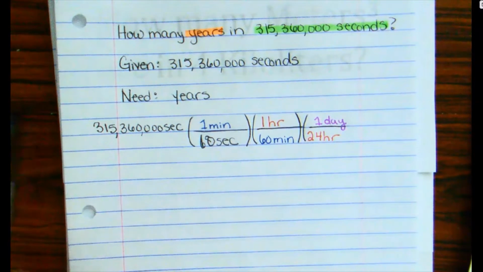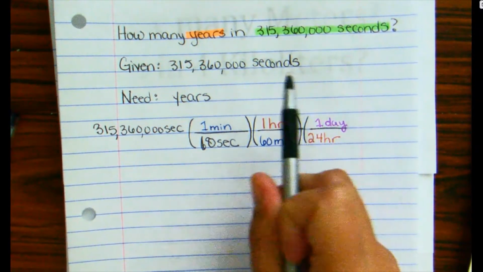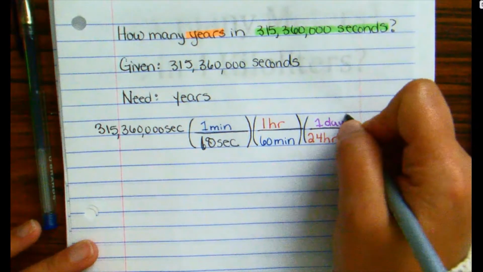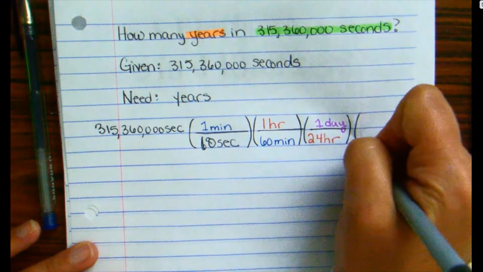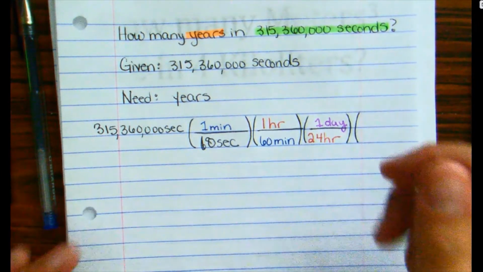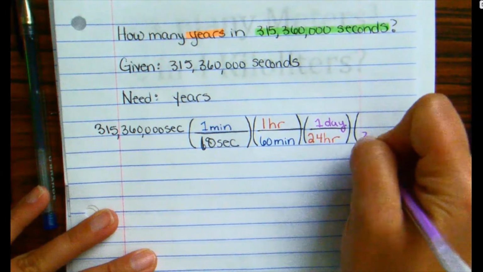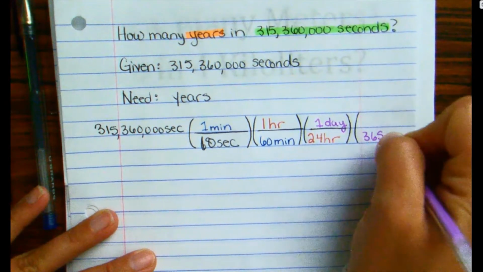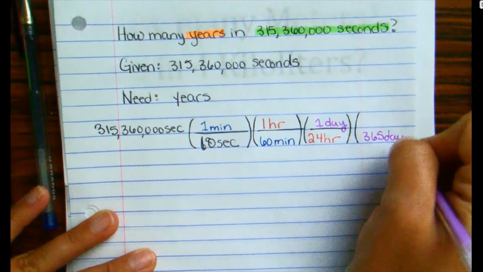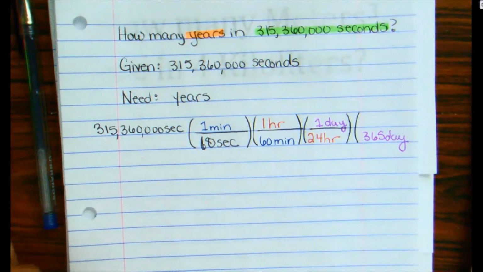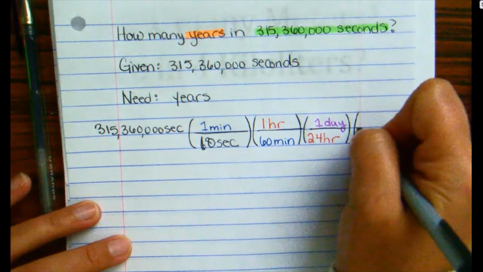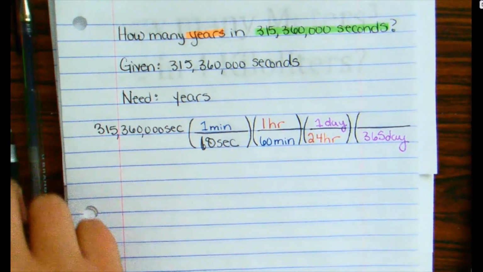And then, look at that, we're at days now. We're still not at years. And we know that for every 365 days, we end up with 1 year.